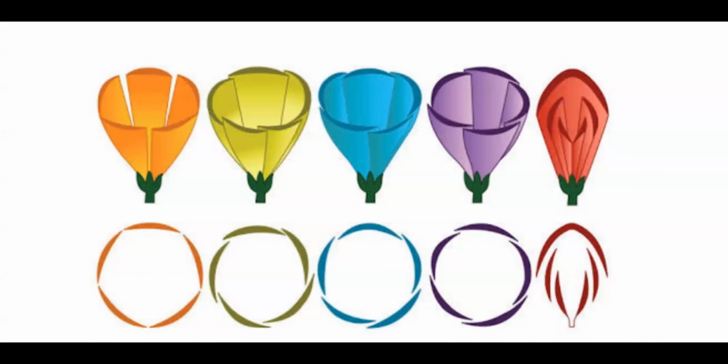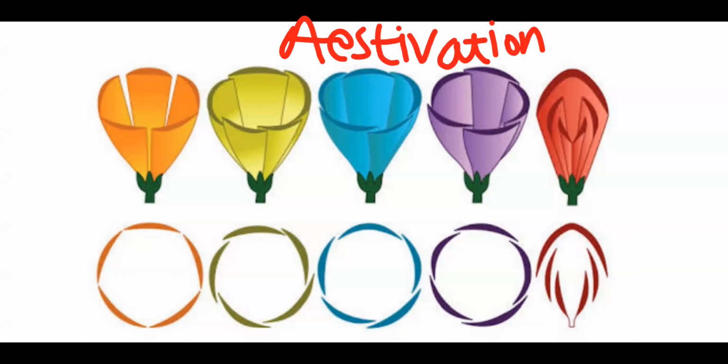Next thing, a very important topic of this chapter, estivation. That topic we call estivation. Estivation is the mode of arrangement of sepals or petals in a flower bud.